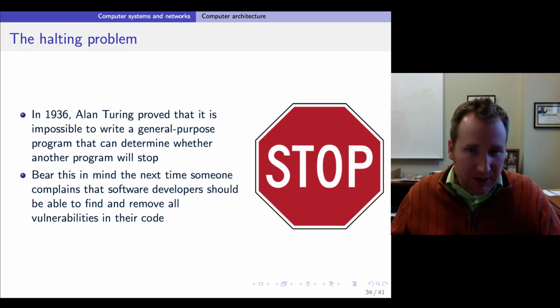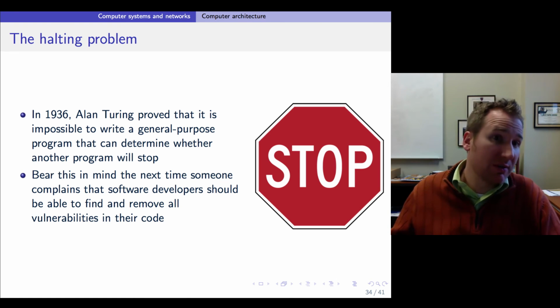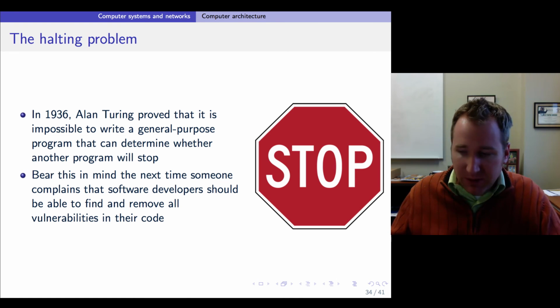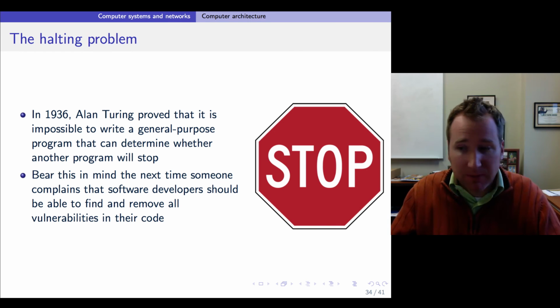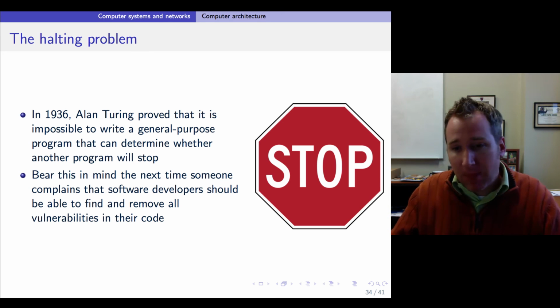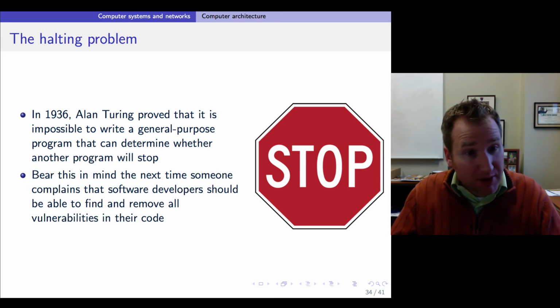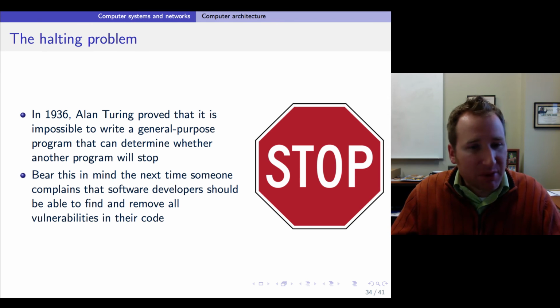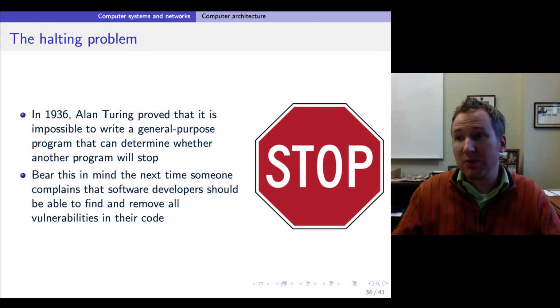Okay, so the next concept we'll talk about is the halting problem. For those of you who have taken or will take some of the more formal methods courses in computer science or theory of computation, you will study this problem in great detail, but it's interesting to note that as early as the 1930s, Alan Turing came along and proved that it's impossible to write a general purpose program that will determine whether another program will stop.